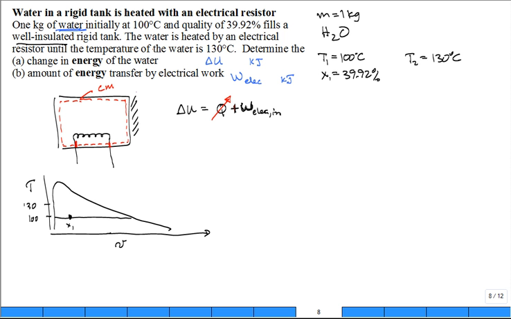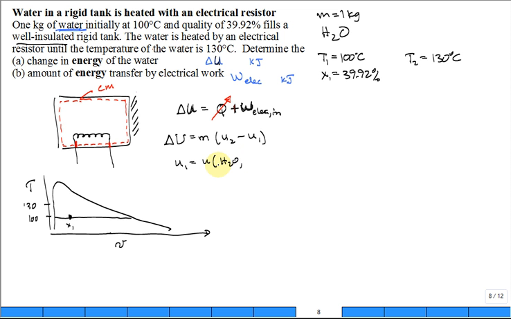Okay, but even this is a change in cap U, isn't it? That's what I'm looking for. So the change in cap U is equal to m times lowercase u2 minus lowercase u1. True or false? So the goal is can I get lowercase u1? Well, I have to go to the steam tables. It's water.